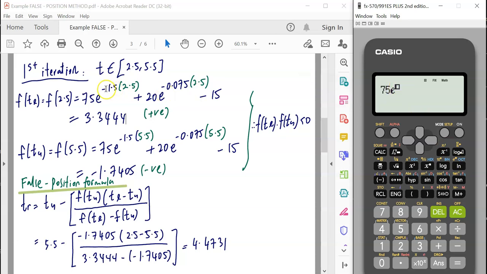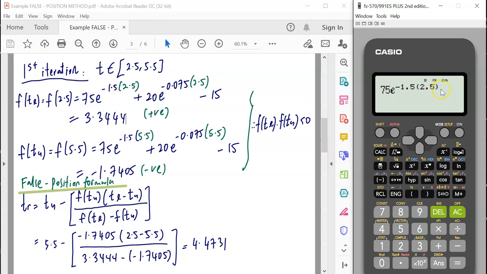So we have negative 1.5, and then we have in bracket 2.5. I advise you, if you have it in bracket, please put brackets also to avoid any mistake. So we have in bracket 2.5 and then we close bracket.